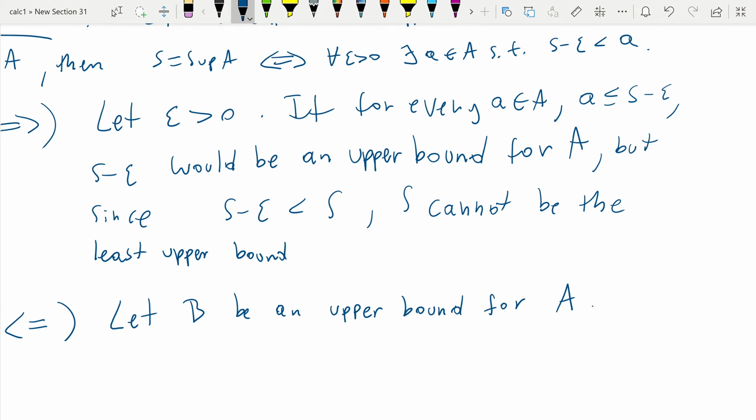Keep that in mind. We want to show that B is then greater than or equal to S, because that would complete the proof that S is the supremum of A. We already know that S is an upper bound, so knowing that any upper bound B bounds S from above would show that S is in fact the least upper bound.